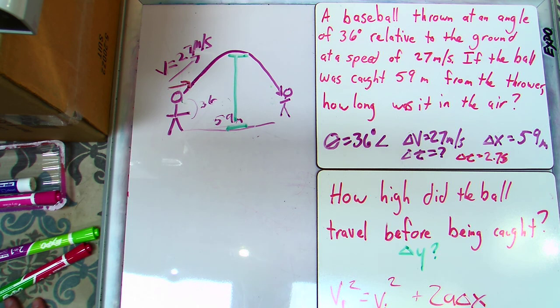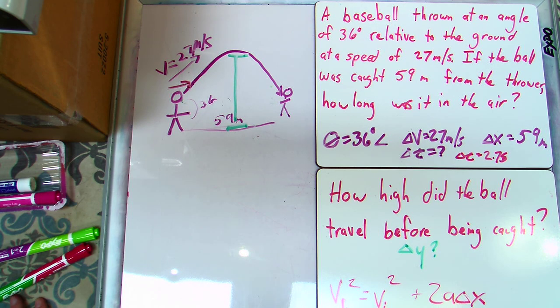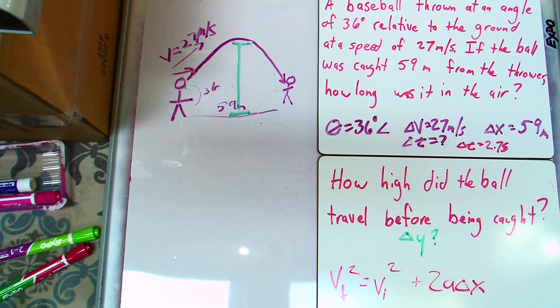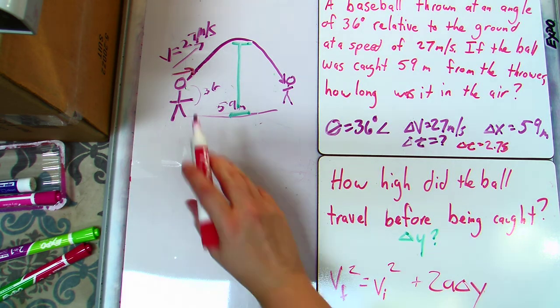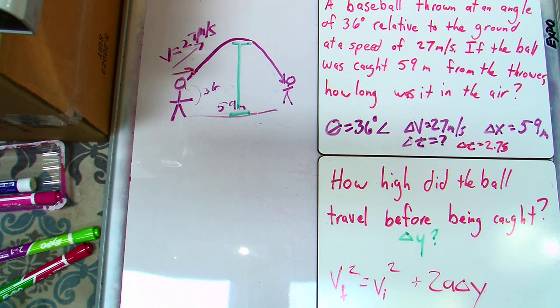We've looked at this equation previously. However, I'm going to alter it because now we have to tailor it for this question. We're not looking at horizontal velocity or displacement. We're looking at vertical displacement.